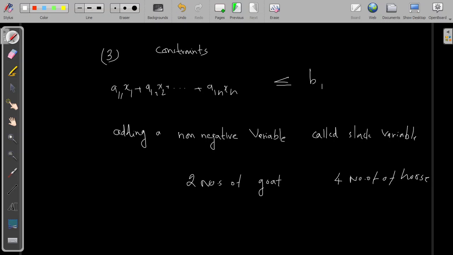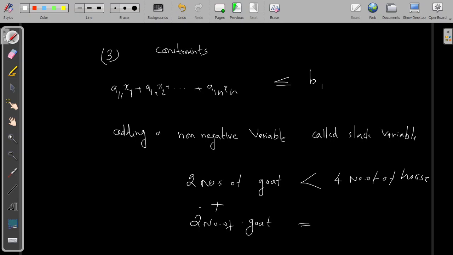We are taking these two examples. Then two numbers of God is less than four numbers of course. This is very clear. So something less than something means you have to add two numbers of God again here, so that this constraint becomes equal.